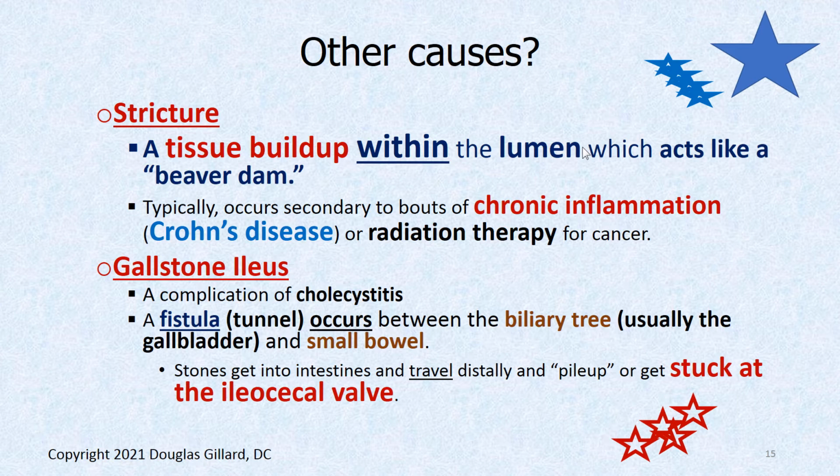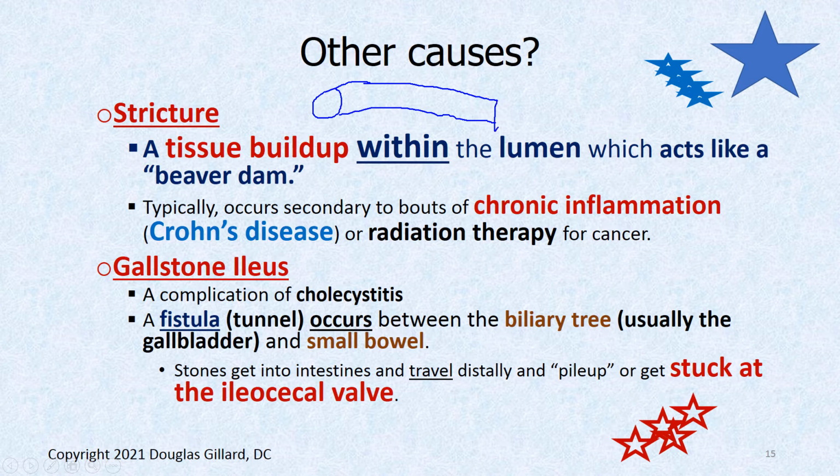Strictures are not tumors in the lumen, but you can get scar tissue building up in the lumen. So the lumen gets smaller and smaller and smaller. And Crohn's disease is a classic example of that. It's an inflammatory disease. And again, if we draw, here's our piece of small bowel here.